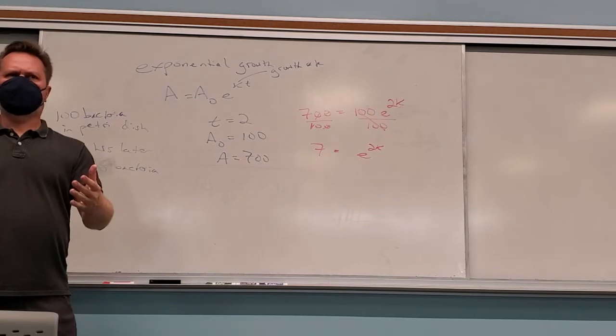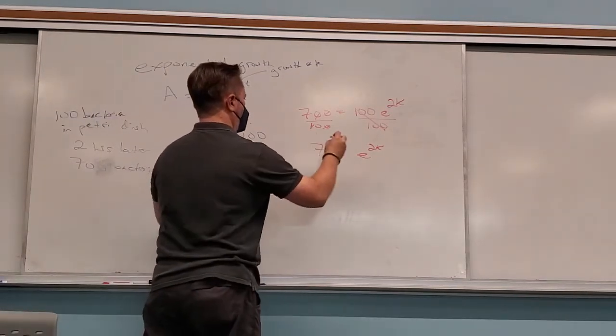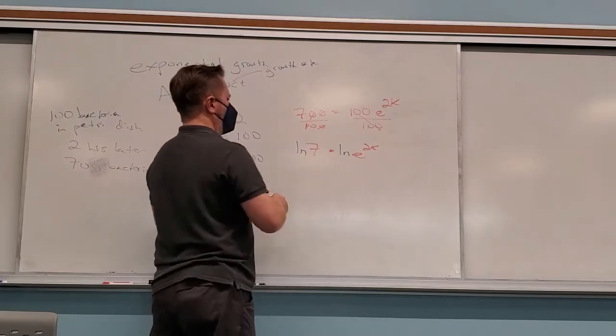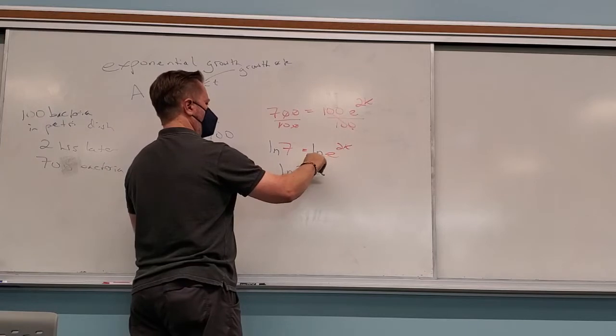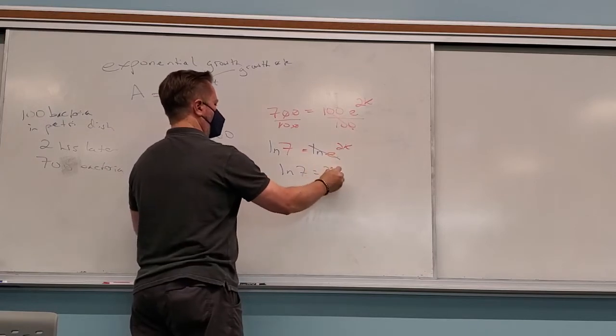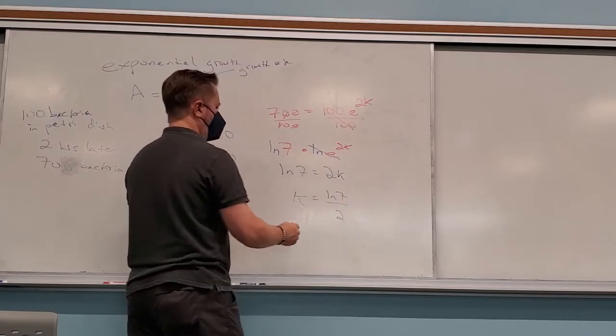Of course, then I'm going to take the natural log. Natural log of 7 equals 2k, what do these do? Cancel each other. So I get k is natural log of 7 over 2.